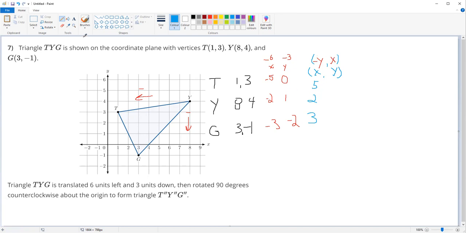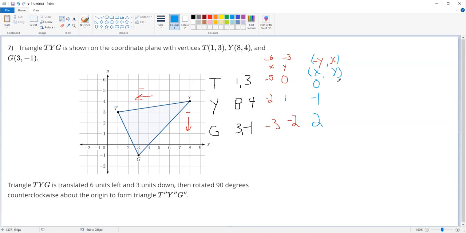I messed that up. That was wrong. My x's are going to be my old y's, but negative. Negative 0 is still 0. Negative 1, or the negative of 1, is negative 1. The opposite of negative 2 is 2.